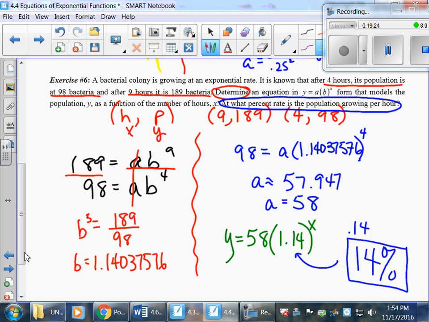It asks us to determine the equation, so we did that, and we answered both questions embedded in that question. Before you spend time on this, read it first, do the math, and go back and read it a second time.